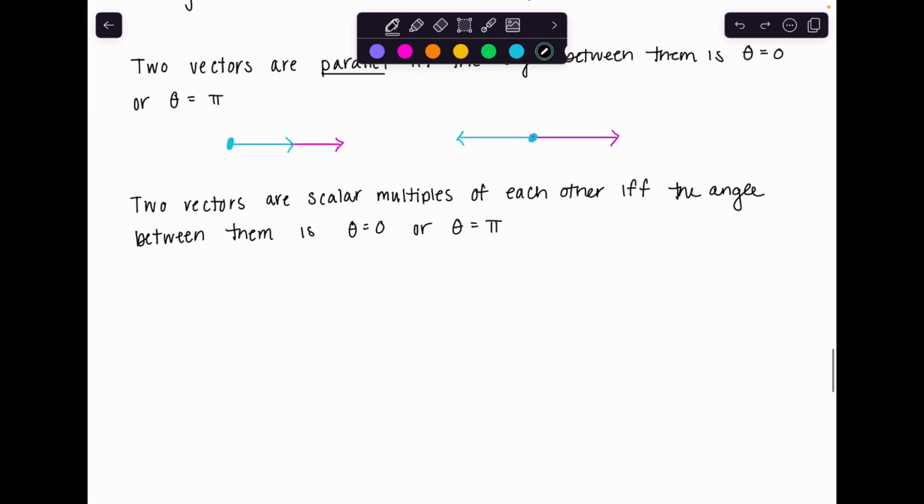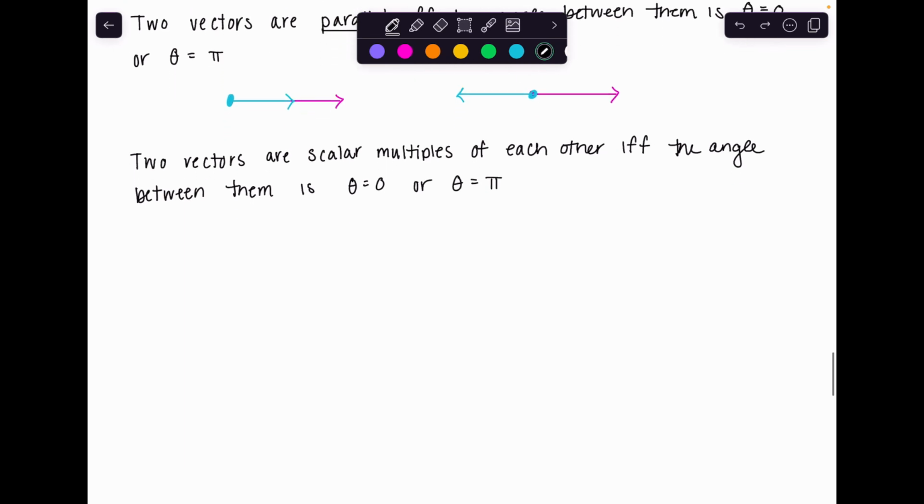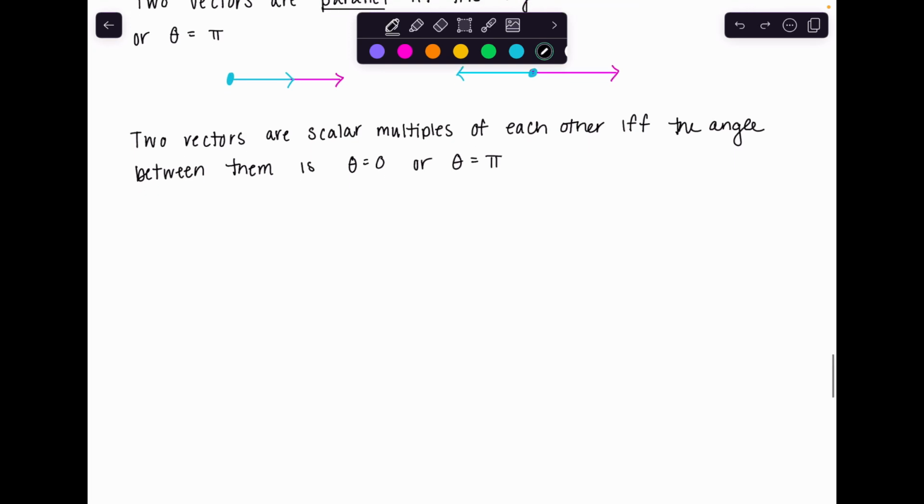So you can go through the process to determine if something is scalar multiples by finding the angle between them, but I think that's a little bit tedious. Instead, if you're trying to determine if two vectors are parallel, what I would recommend doing is seeing if one of them can be some constant times the other. So let's look at that with an example. We're going to determine if the vectors are parallel, orthogonal, or neither.